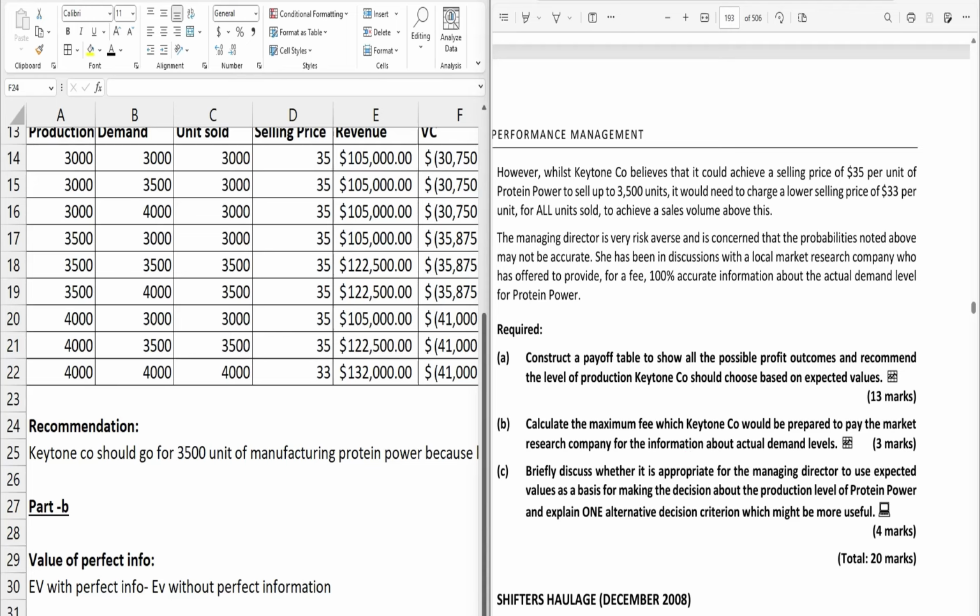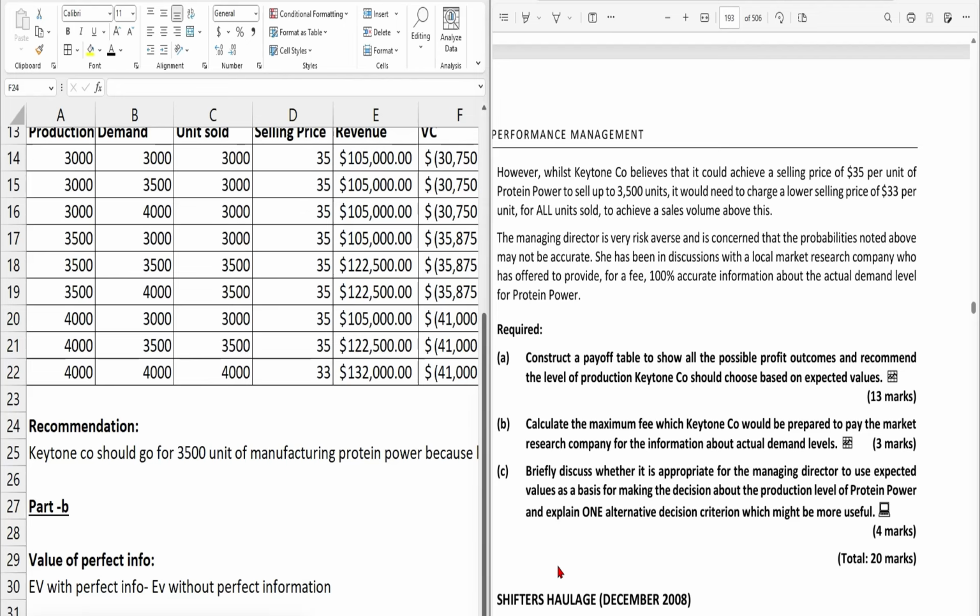Previously we have done A. In this part, the question is asking about the value of perfect information, and you must be familiar with this concept, its formula and its calculation. Whatever the value of perfect information is will be the maximum fee that Keytone company can pay the market research company.